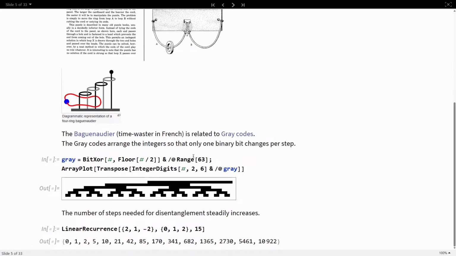Basically, we're arranging all the numbers 1 to 63 so that their binary form only varies by 1 bit with each step. And this is a way of rearranging the numbers so that their binary part only changes slightly with each form. And this is used on satellites.